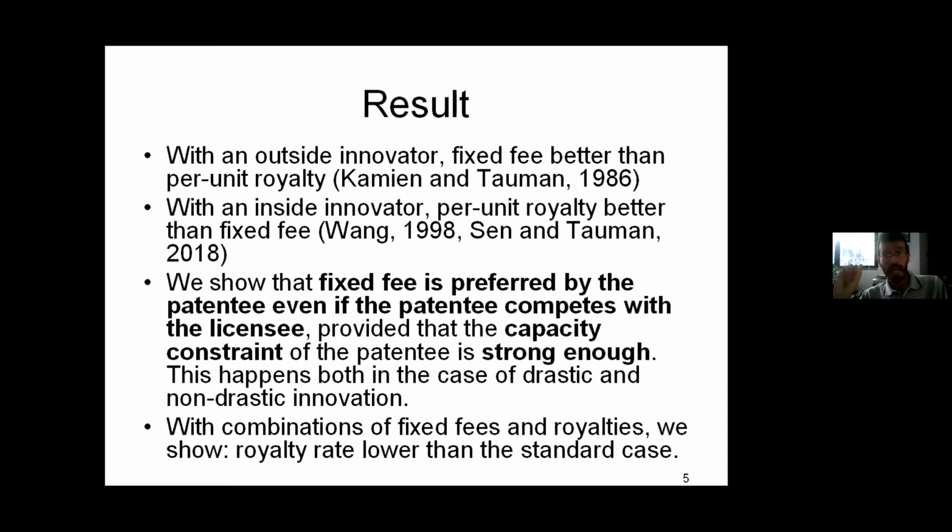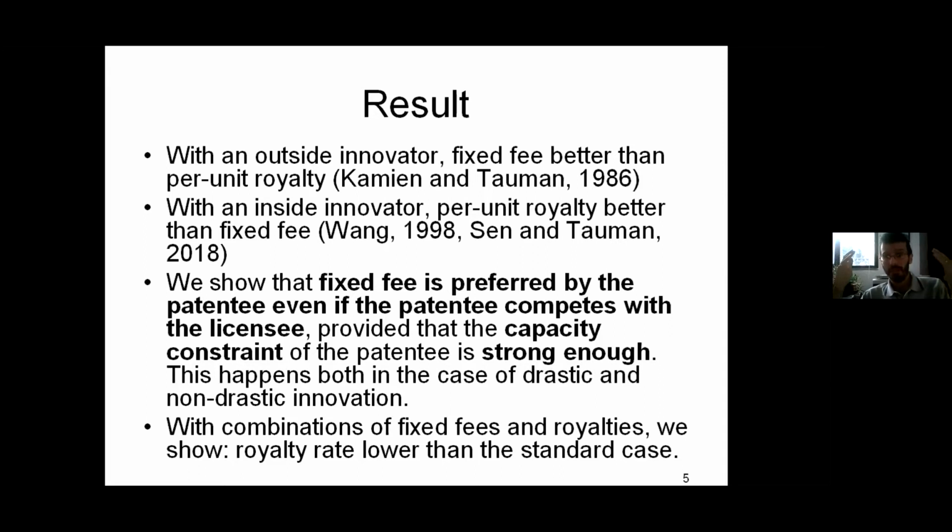I will jump to the result and then move back to the model. The main result we have is the following. It is well known in this literature that if you consider optimal patent licensing from the point of view of an outside innovator, then it is often true that the preferred mechanism for the patentee is a fixed fee.